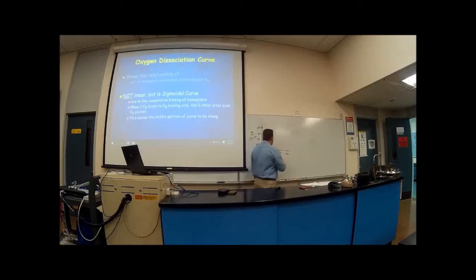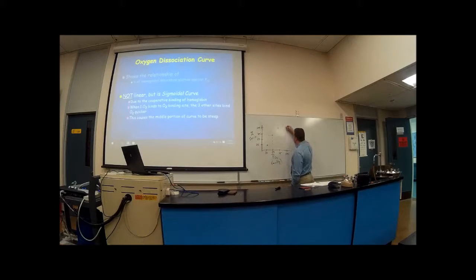But if you do 50, you're not going to get 50. It actually is going to be much higher than that. See? Before it would be 50. It's not. If you put 75, it's going to be very high, almost 100% saturated.